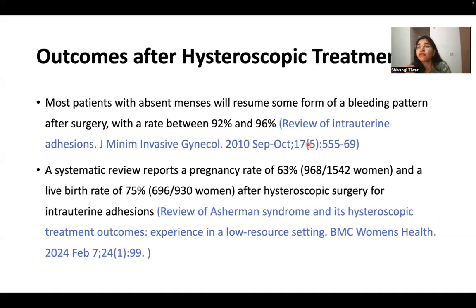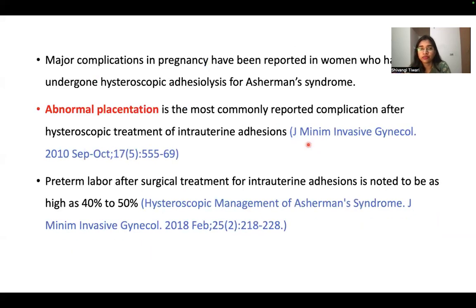Then outcomes after hysteroscopic treatment: most patients with absent menses will resume some form of a bleeding pattern after surgery, with a rate between 92 to 96%, which is a very good rate. A systematic review reports a pregnancy rate of 63% and a live birth rate of 75% after hysteroscopic surgery for intrauterine adhesions.